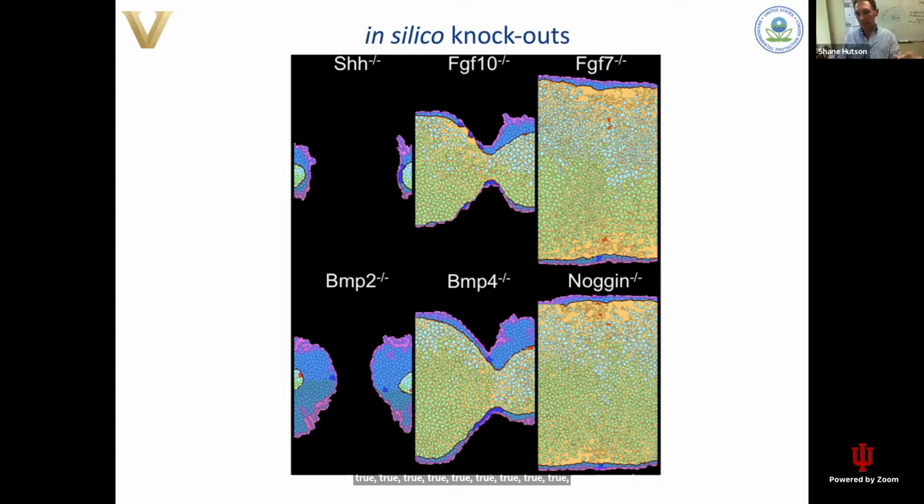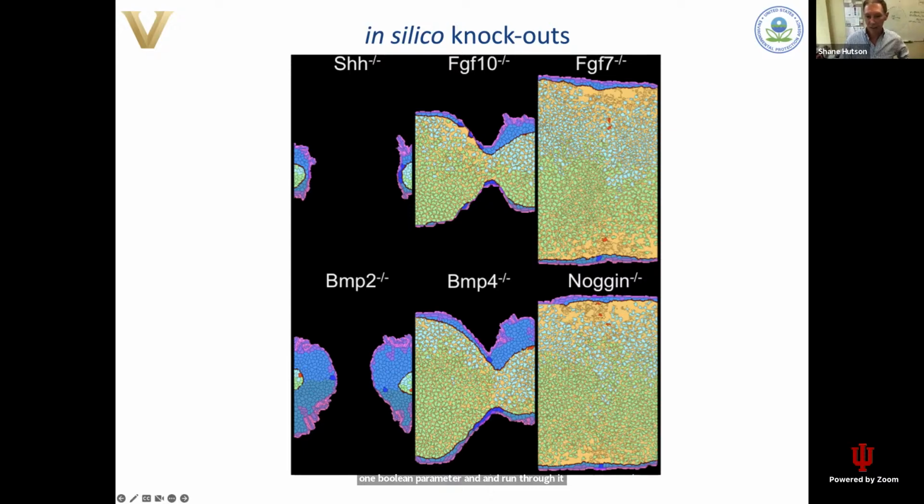And then the same simulation runs just with all those conditionals, now treating Sonic Hedgehog as false. And that way it's all in one organization, and you don't have to have separate steppable or main models when you want to do different in silico knockouts. You can just change that one Boolean parameter and run through it.